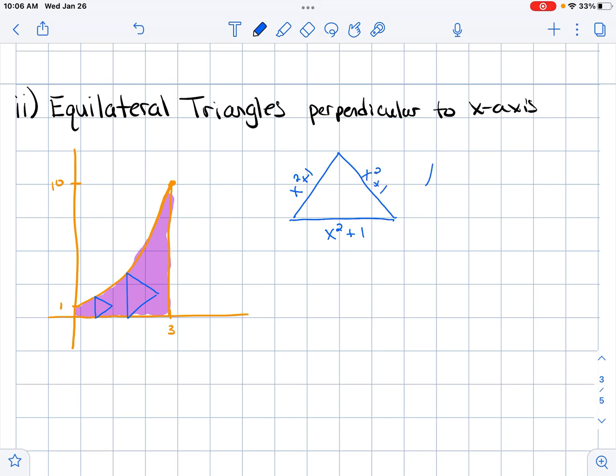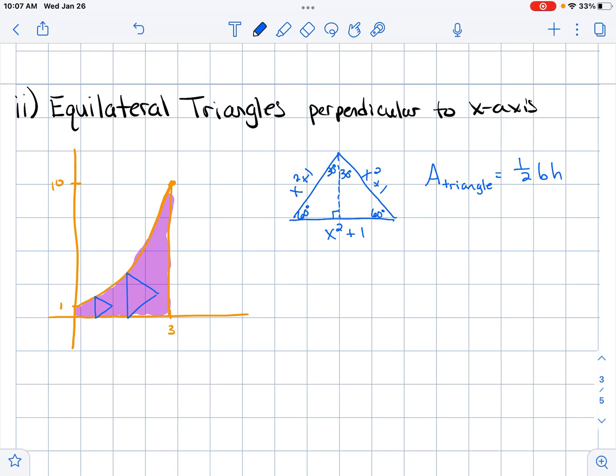In order to find the area of one triangle, we need to do 1/2 base times height. Well, we know the base is x squared plus 1, but how tall is this triangle? This is an equilateral triangle, so we know that all angles are the same, 60 degrees. So that means this is 30, and this is 90.